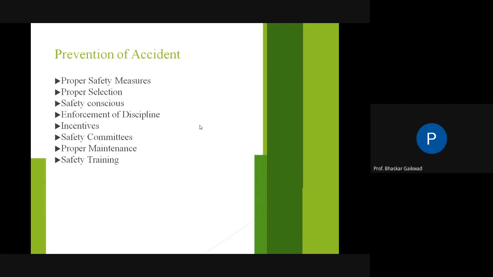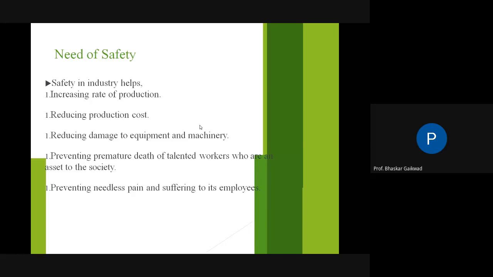So for prevention of accidents and safety, whatever things are there, from the industrial point of view, the organization point of view, or any other dangerous things point of view, you have to remember this. Need of safety: if we are not taking care, what will happen? Safety in industry helps increase the rate of production.